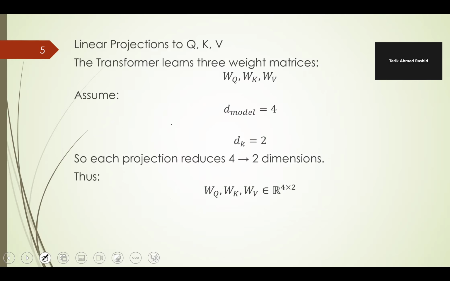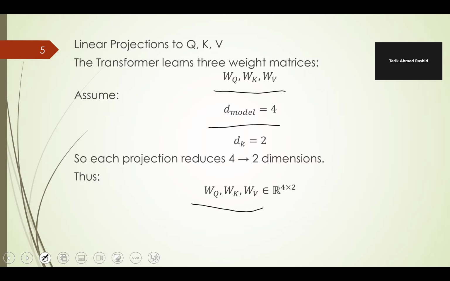Now, here we will create a weight matrix for Q, for K, and for V. We have the model dimension d_model as 4, and it would be reduced to dk of 2 dimensions. So we will have a weight matrix of 4 by 2.